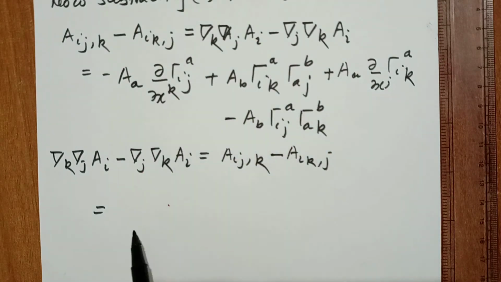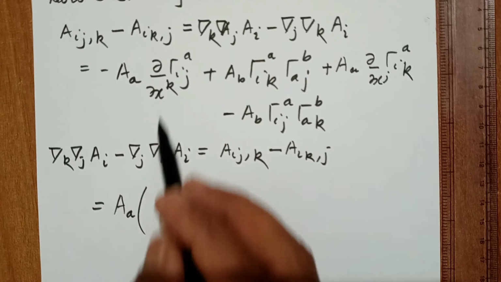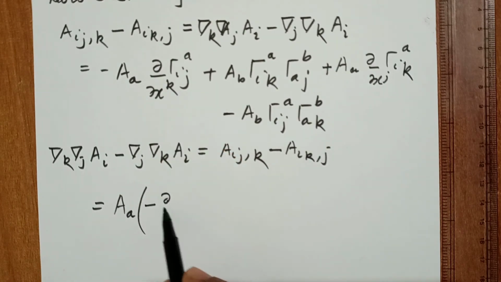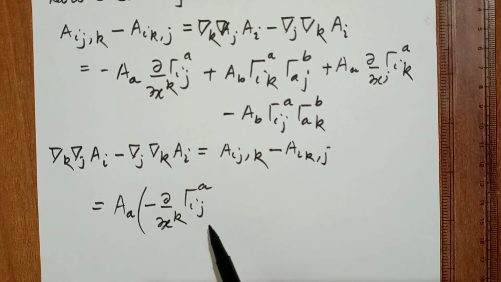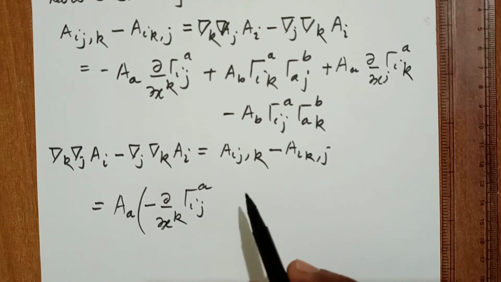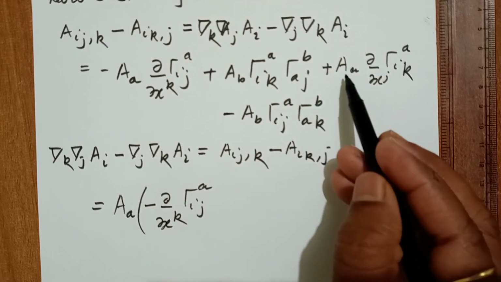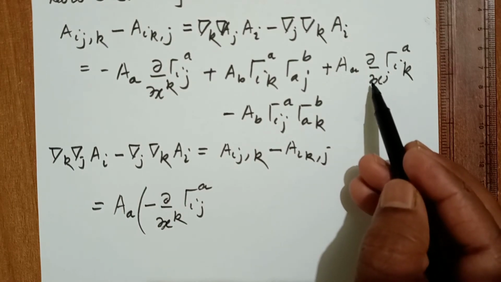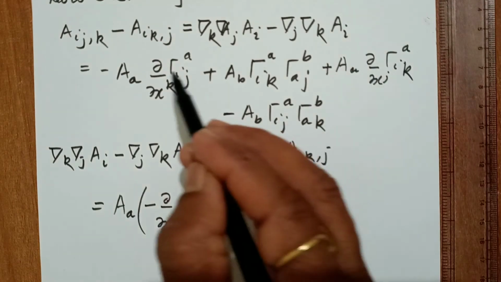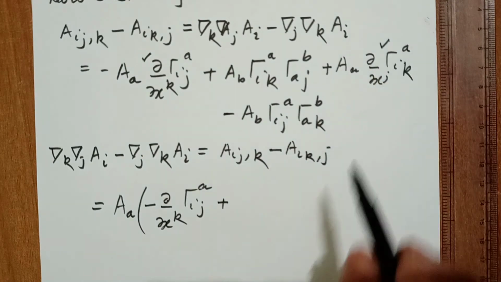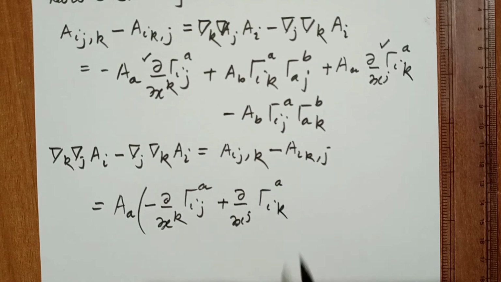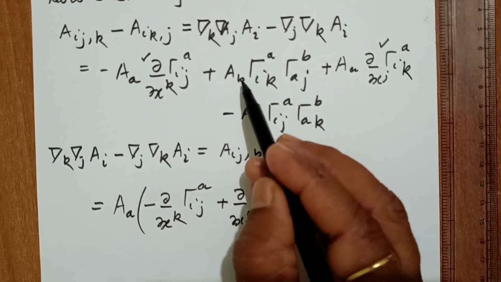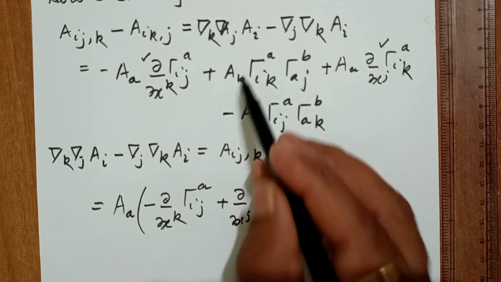So we take common a_a. The first term is minus del upon del x k, Christoffel symbol a_ij, plus del upon del x j, a_ik.